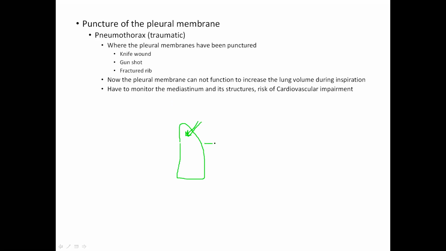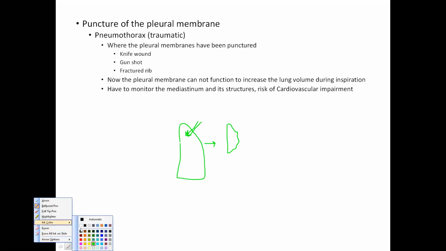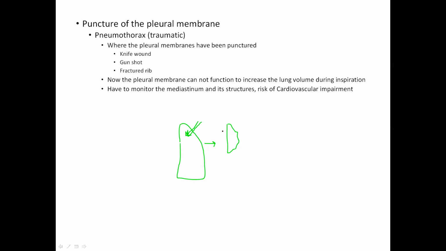So then the lung goes from nice and open to small and shriveled up, a significant decrease. The lung was this big, and then it shriveled like a deflated balloon down to a smaller size. That would be a pneumothorax.